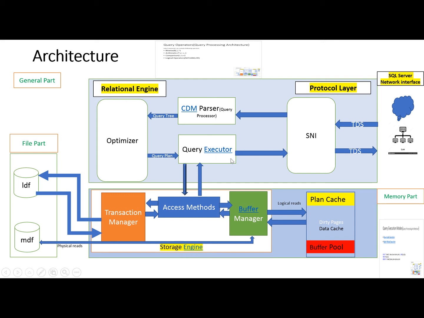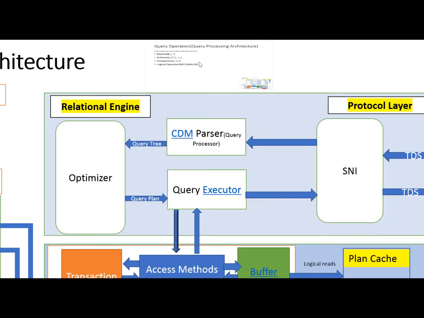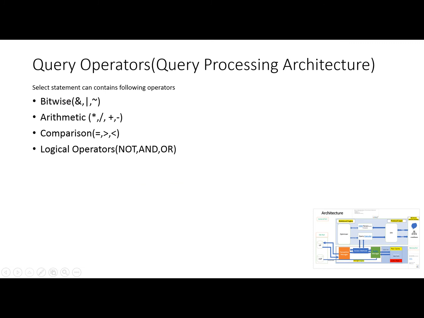Now in this video we are going to discuss when this select query is passed to this engine, and this select query has some operators, how the operators in this query will be processed, and what the precedence of the operators is.